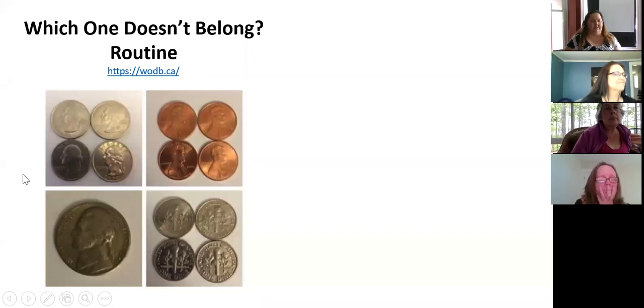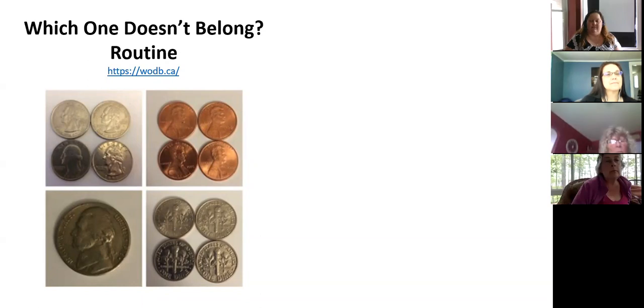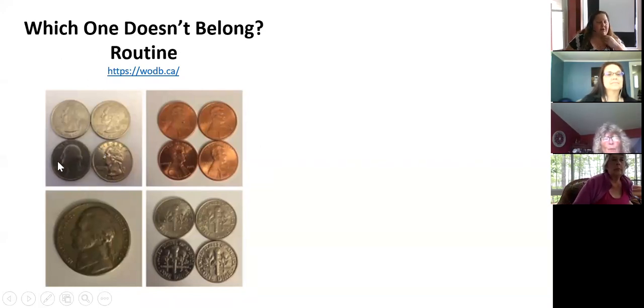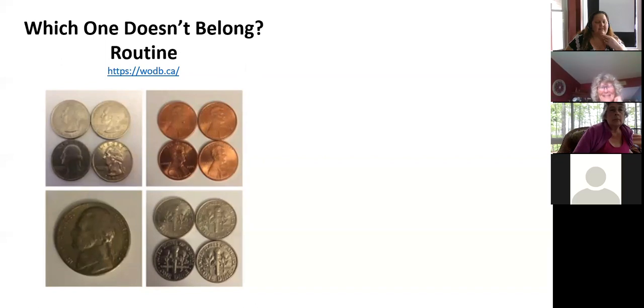What about the quarters? Oops, sorry. Is it 4 quarters and 1 dime? These are 4 quarters here. Okay. The faces are facing the opposite direction of the pennies.